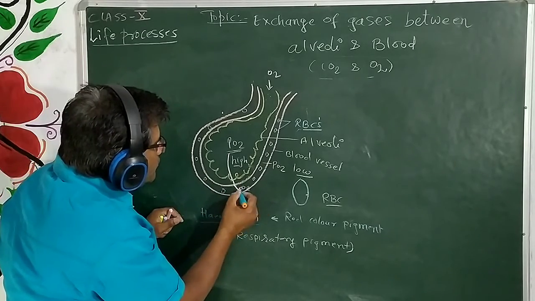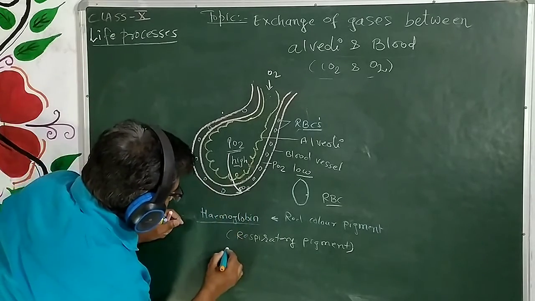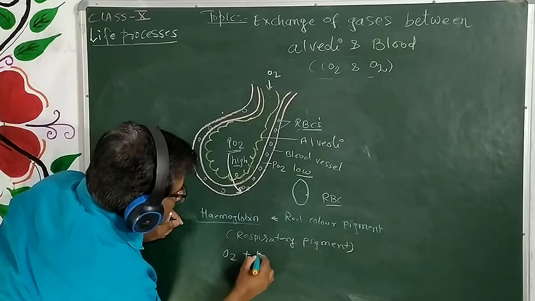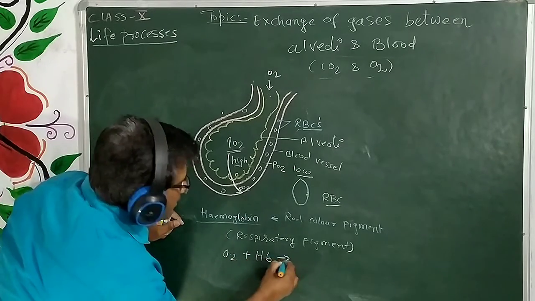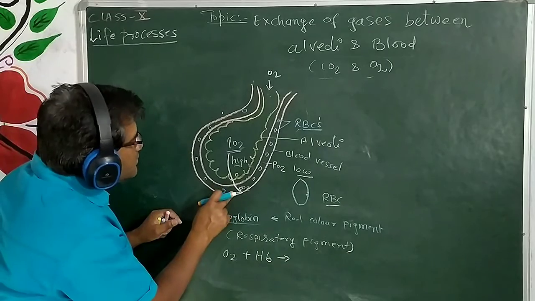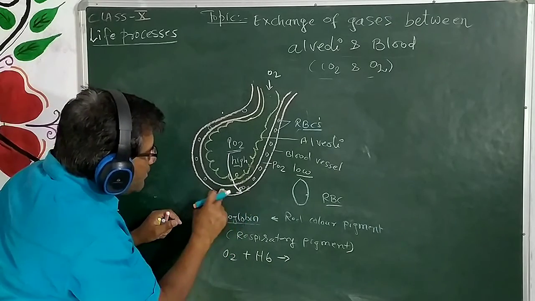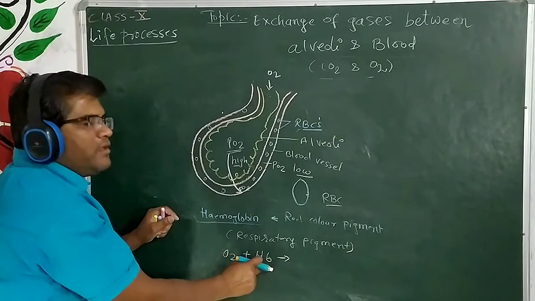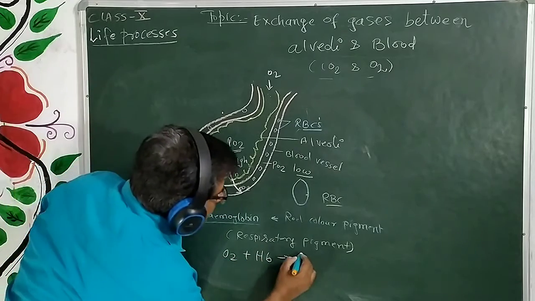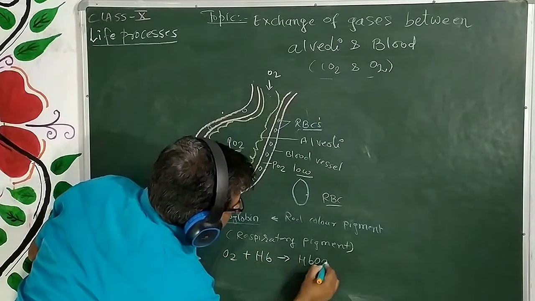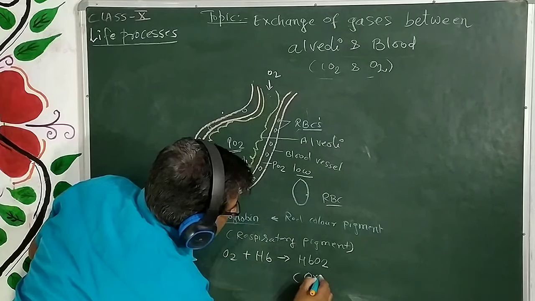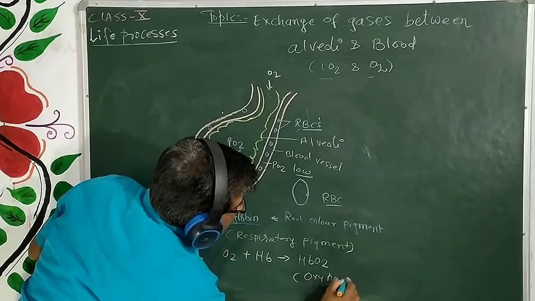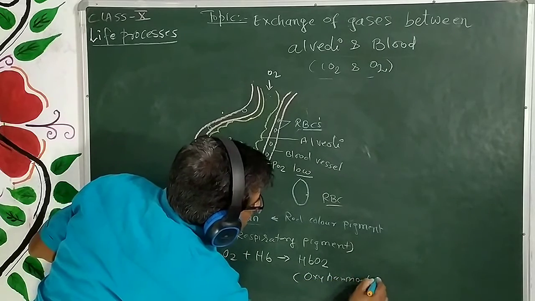When it goes to the blood vessel, this oxygen combines with the hemoglobin. Hb stands for hemoglobin. The oxygen which comes into the blood vessel combines with the hemoglobin and forms oxyhemoglobin.